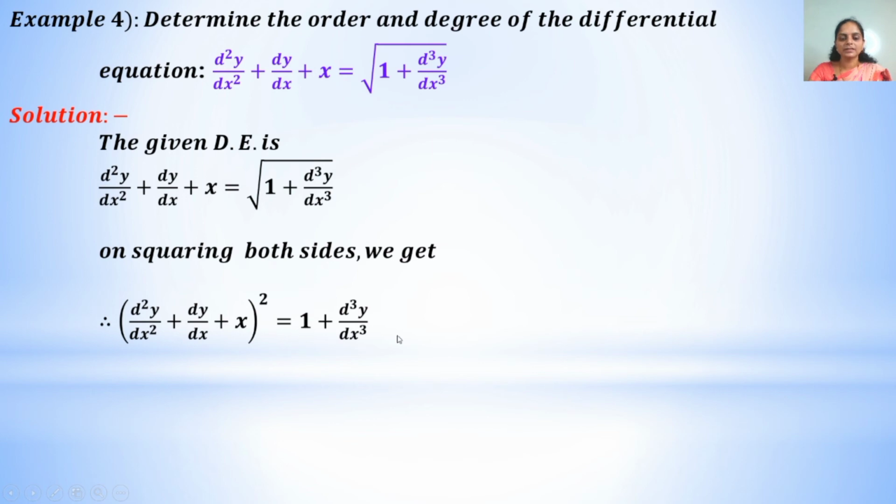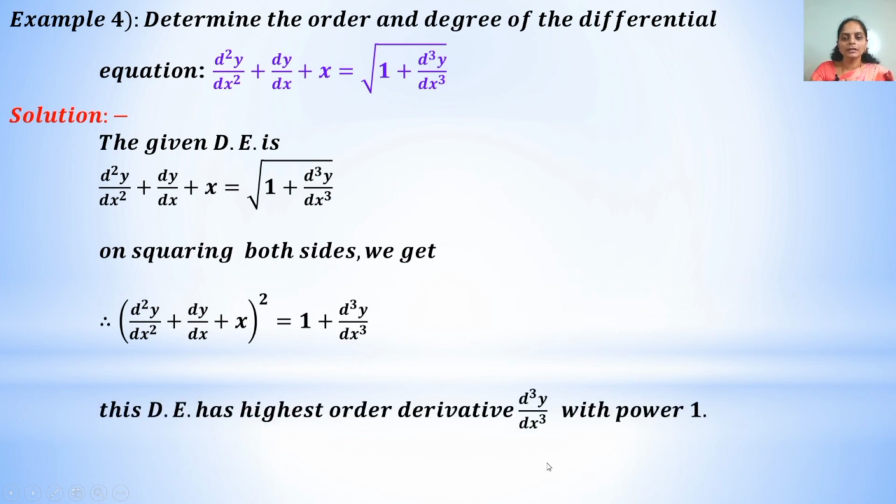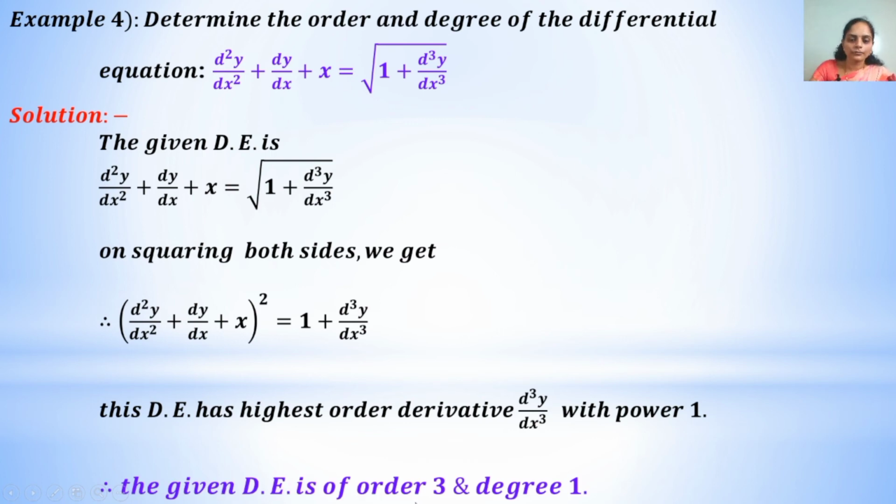Between these three terms, the highest order derivative term is d3y by dx cube. Therefore, the order of this differential equation is 3 and the power of this highest derivative is 1. So, the degree of this differential equation is 1. Therefore, the order of this differential equation is 3 and degree is 1.